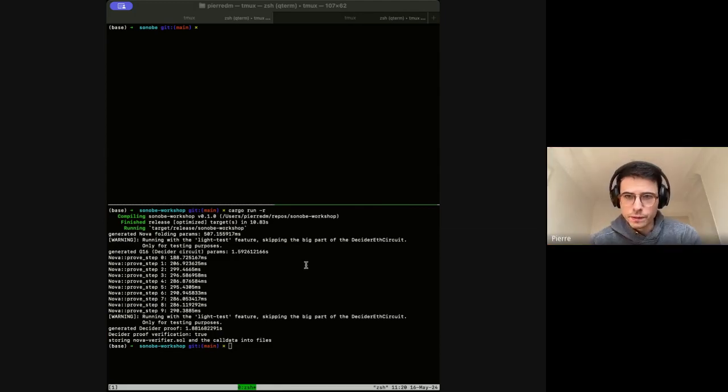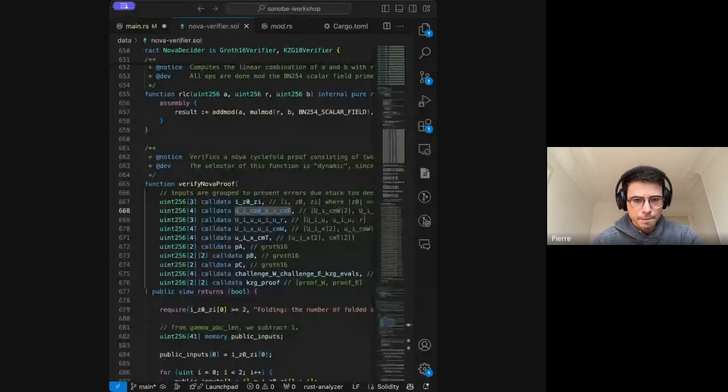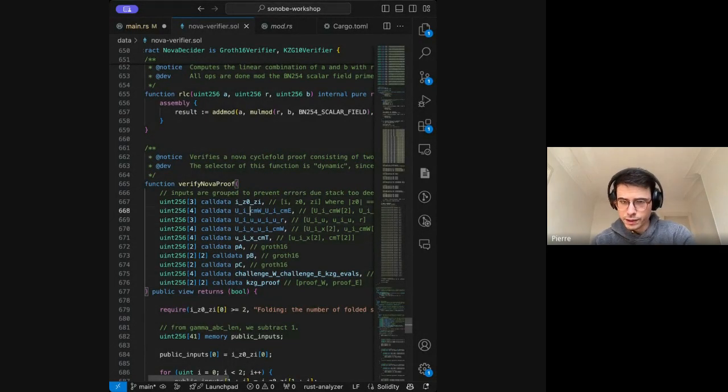Cool. So the Nova on-chain verifier, as you can see, I'm going to change my screen again to explain the contract a bit more. The Solidity verifier takes as the first inputs of the call data the i value, the number of times that you have done folding, then z0 and zi, the initial state and the final state.